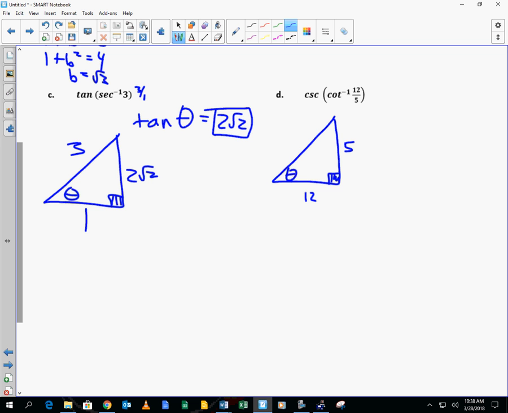I'm going to find the other side of that triangle. It is another Pythagorean triple. Thank you, Mr. Gens, for the Pythagorean triple. Oh, you're welcome. So we've got the cosecant of theta, because when you do cotangent inverse or arctangent, you end up with theta. Cosecant is hypotenuse over opposite.